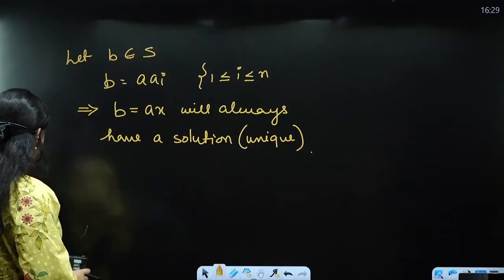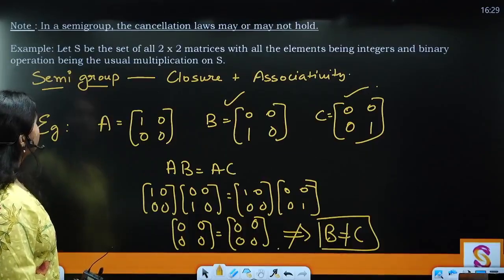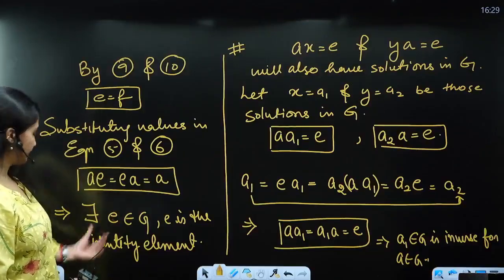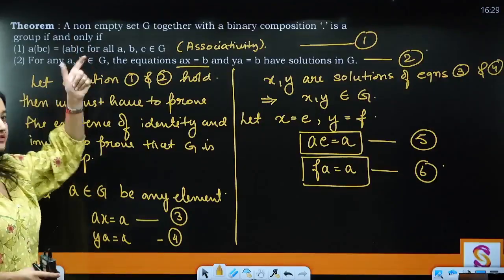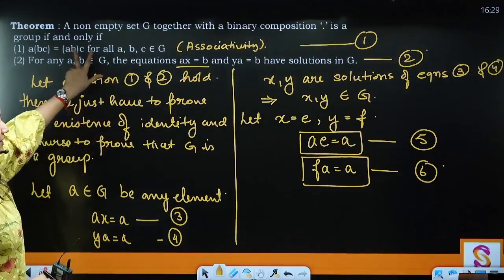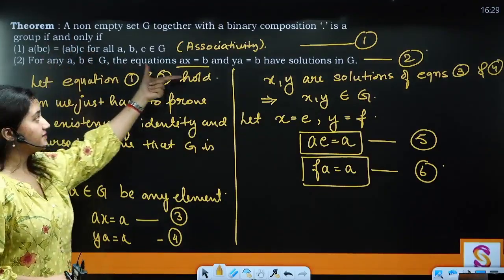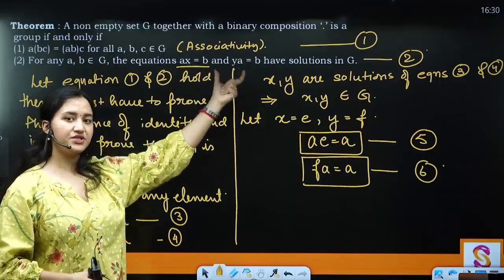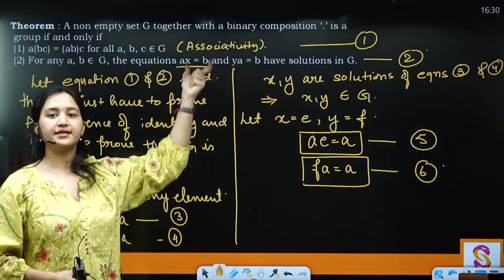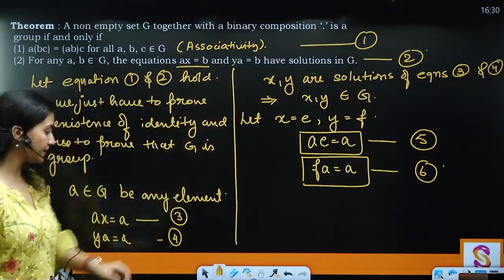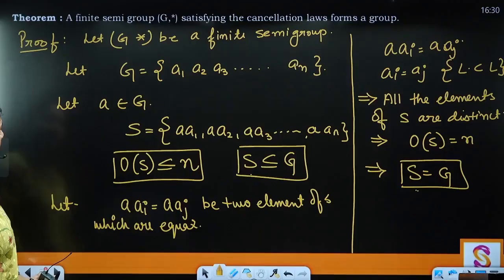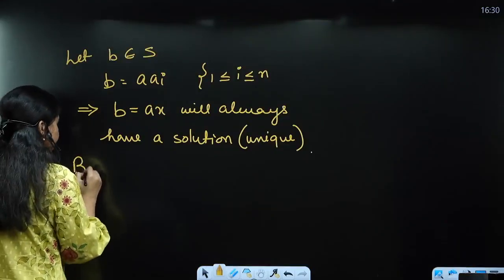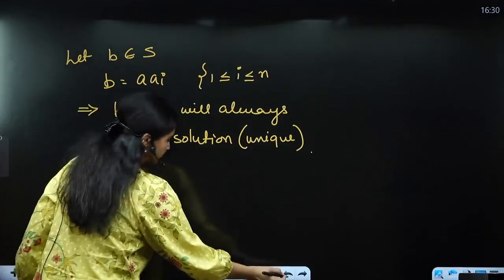So now from the theorem that we just did, the previous theorem, which says that if there is a set which satisfies associativity and has these kinds of equations which have solutions, then that set is definitely going to form a group, we can apply the same theorem here.